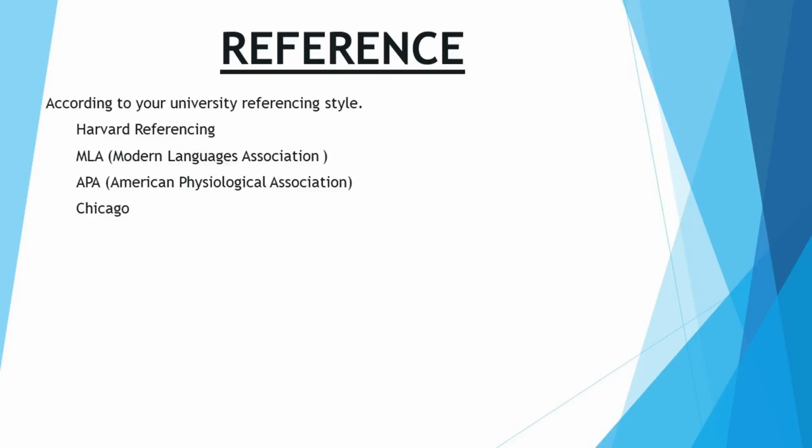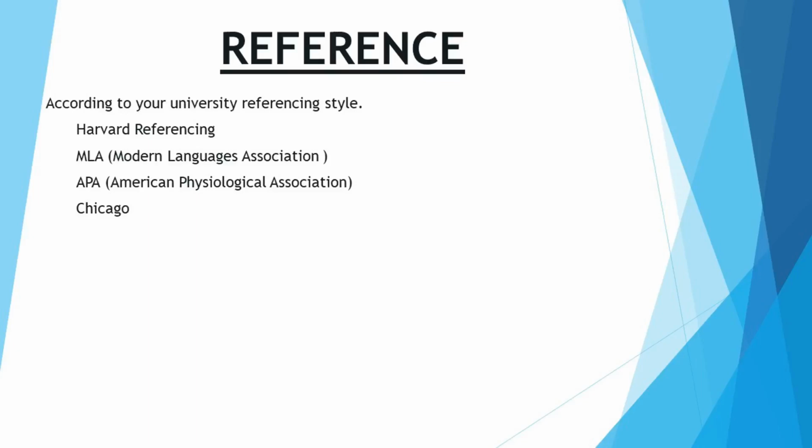Lastly, you have to include the references. Now this is where that table is gonna help you, like I told you previously, to have a record of your references using an Excel sheet. This is the place where you need that. According to many universities, the referencing style might vary.